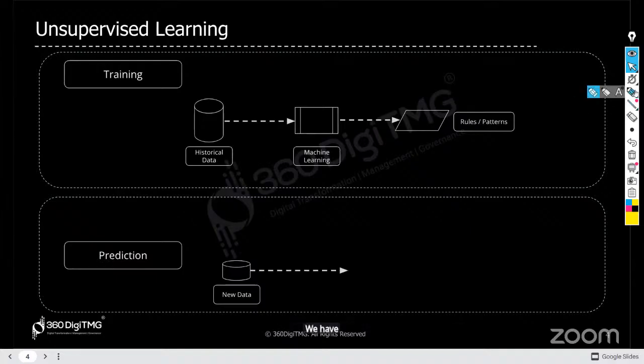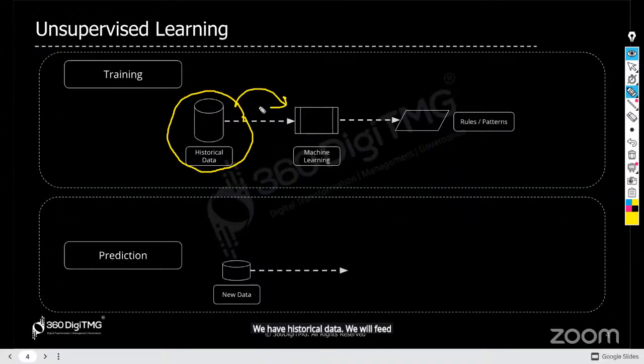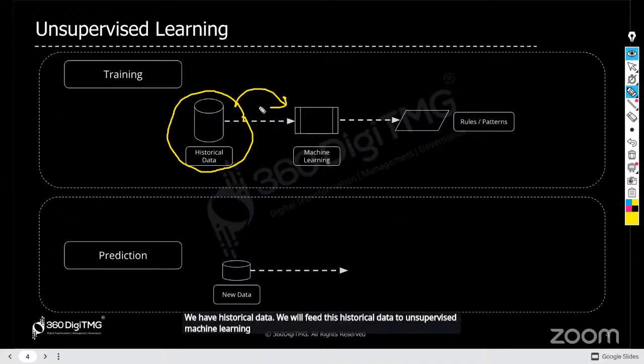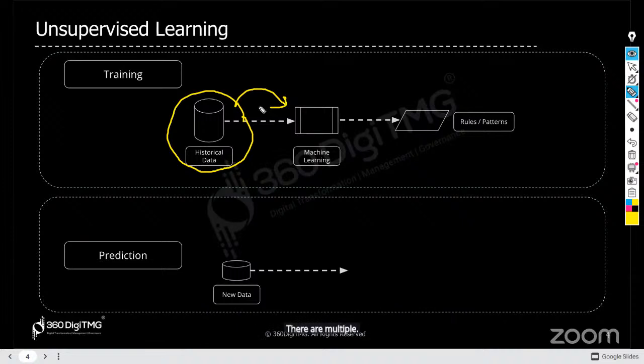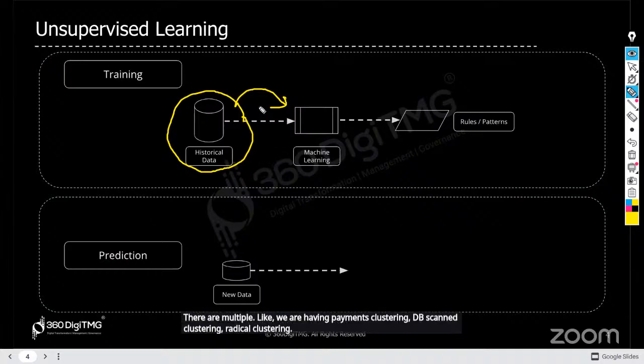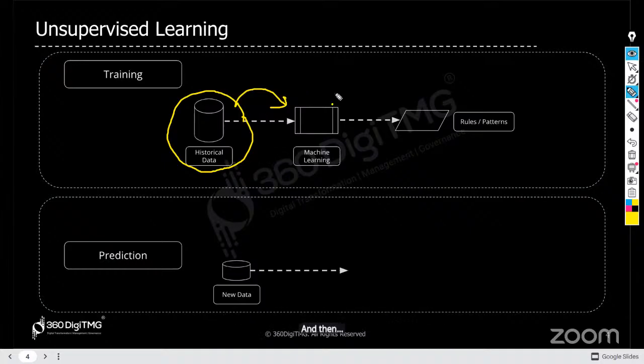We have historical data, and we feed this historical data to the unsupervised machine learning model. There are multiple types: k-means clustering, DBSCAN clustering, and hierarchical clustering. Then we find the pattern present in the data, and once we find the pattern, we cluster the data.